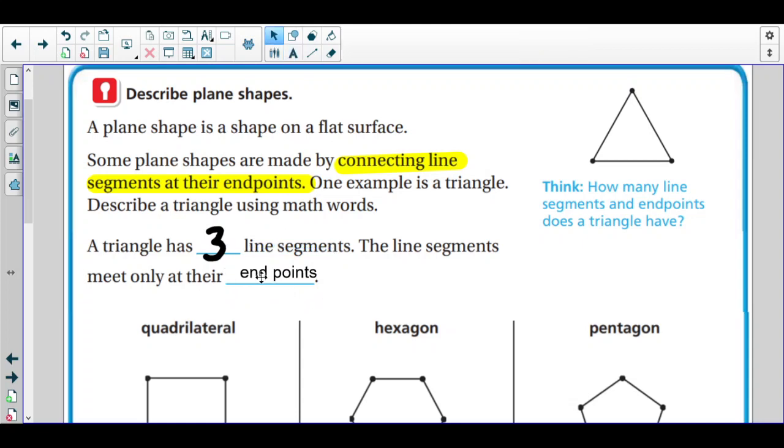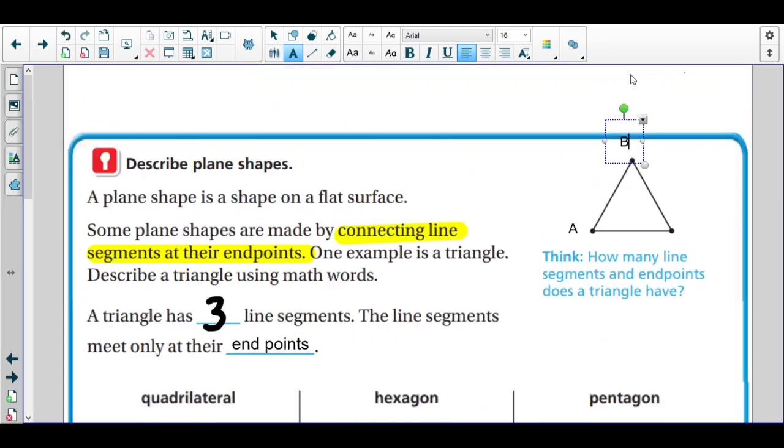So let's take this one step further. Let's say we've got line segment AB. So here's one line segment, AB, and then we have a second line segment, BC, and then a third line segment, CA or AC.